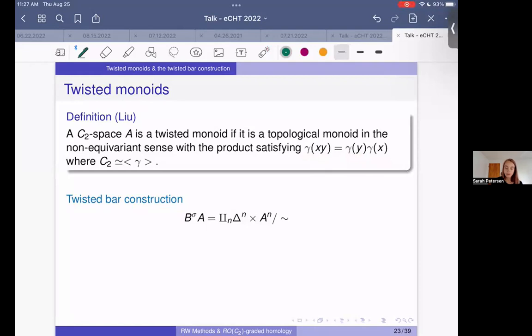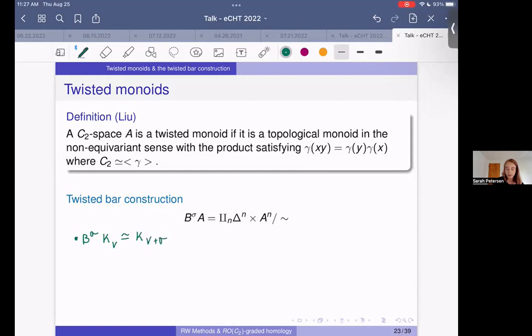And applied to a twisted topological monoid A, there's a notion of a twisted bar construction. And this twisted bar construction is analogous to the non-twisted version in the sense that when we apply it to an Eilenberg-MacLane space K_V, it gives us a sign delooping.